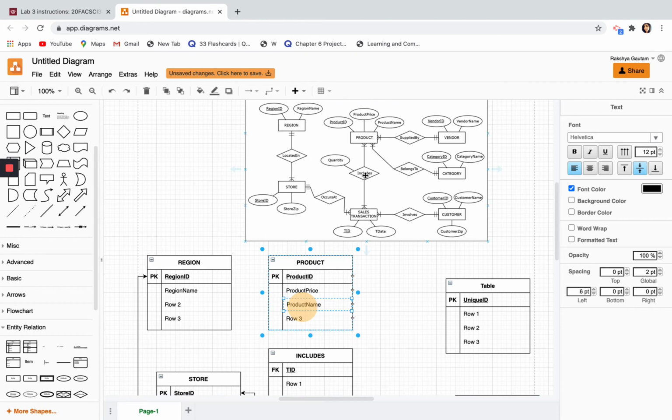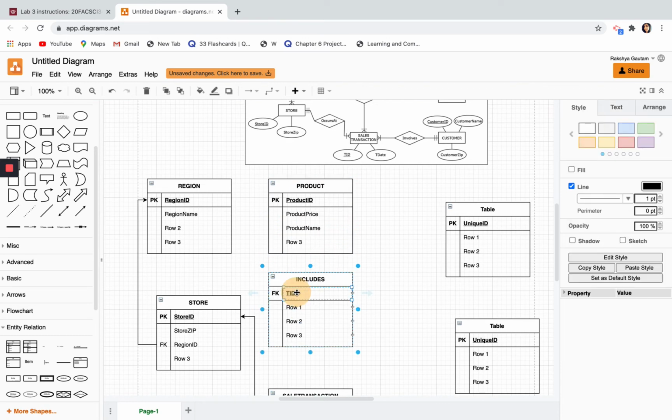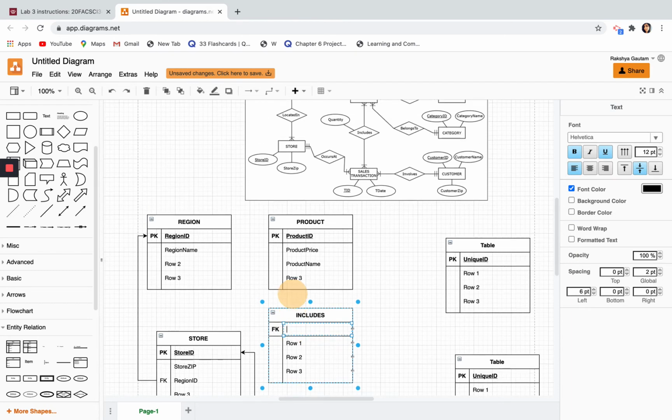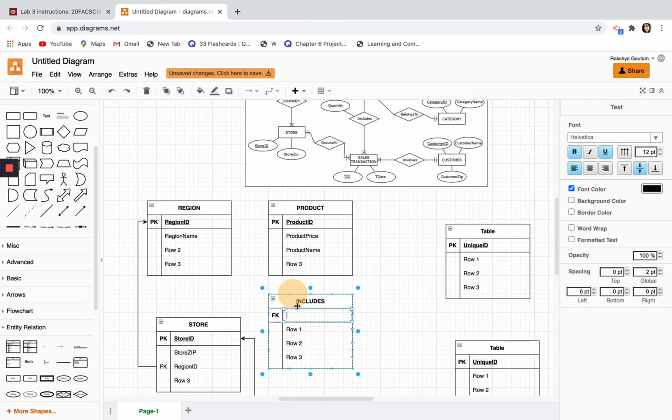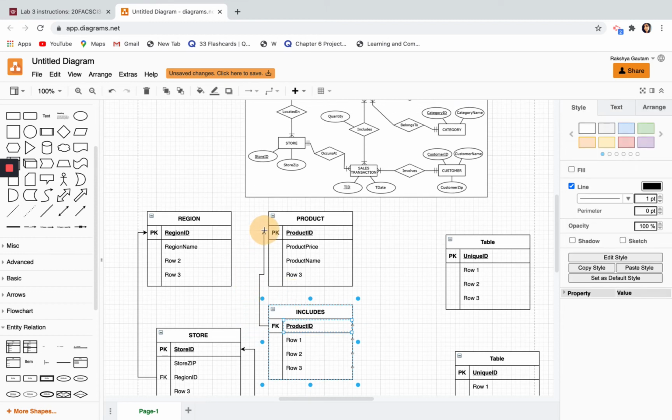Includes also consists of a product ID. Here, the product ID will act as a foreign key for includes.